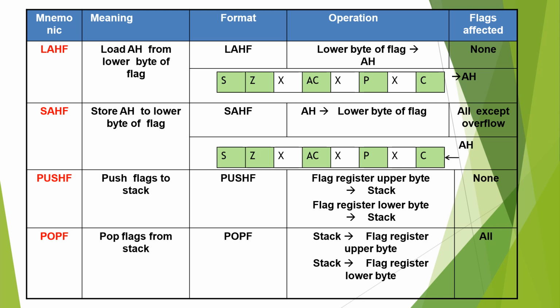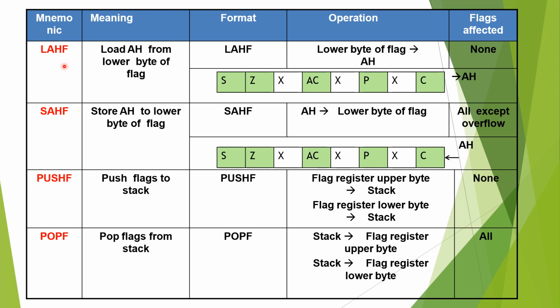The next instruction of the data transfer type is LAHF, SAHF, pushF, and popF. So F stands for the flag register. So here the first mnemonic, that is LAHF, is used for loading the lower byte of the flag into the AH register.